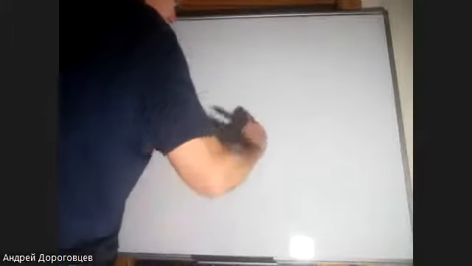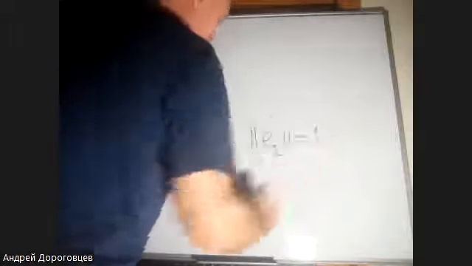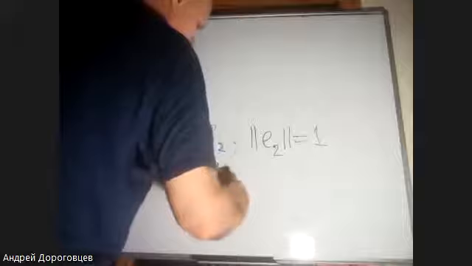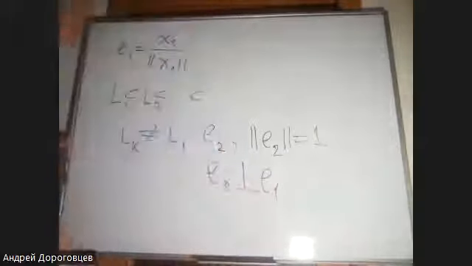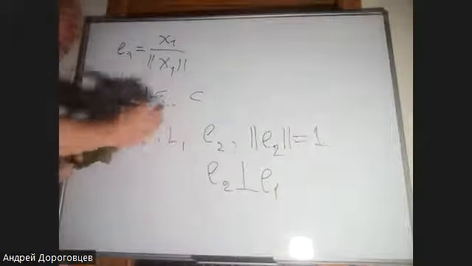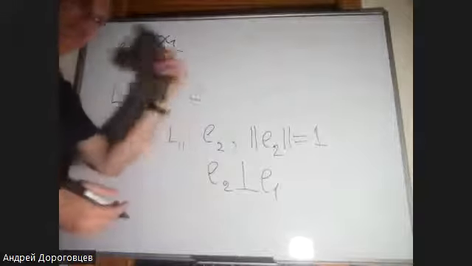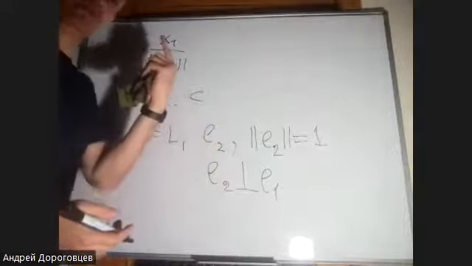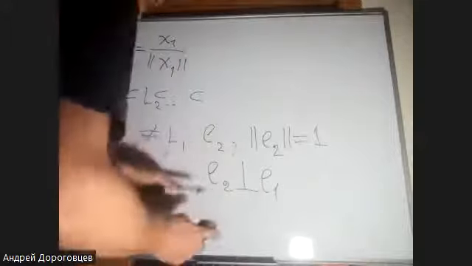So we just define the vector E_2, which has norm 1 and is orthogonal to E_1. We will continue this procedure every time we have a new dimension, so we can find the next vector, E_k.